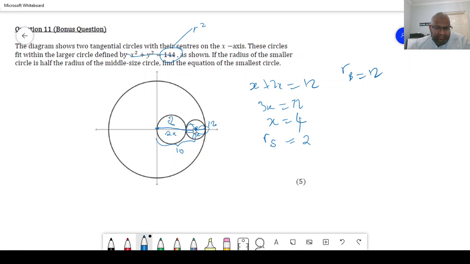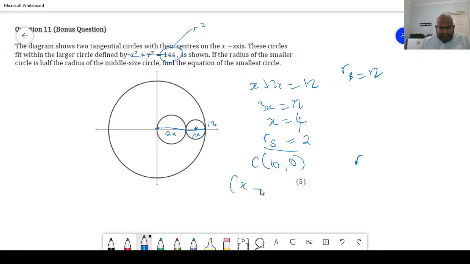Okay, so 8 plus 4 is 10. So the center of the circle on your X, your A value, is simply 10. So the center is going to be 10 and your Y value is 0 since on your X axis. And we have a radius of 2 as indicated there.